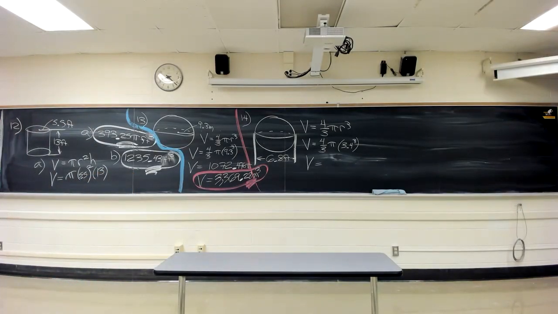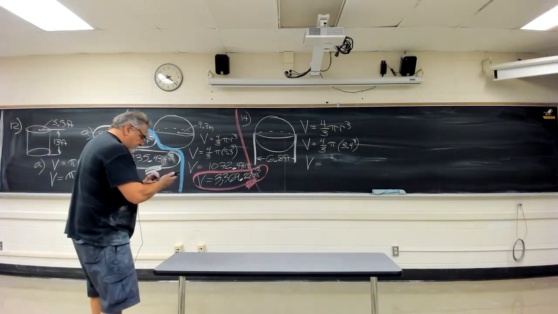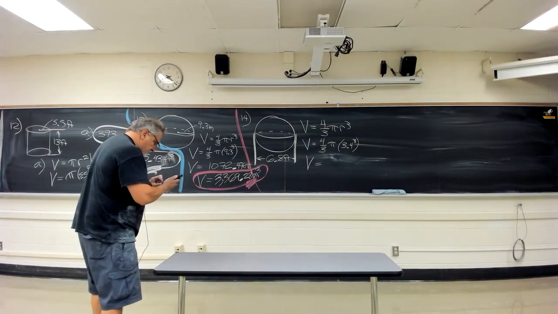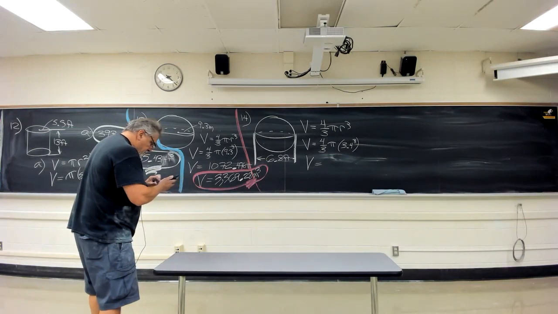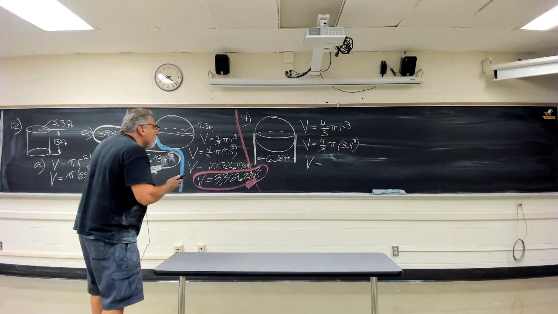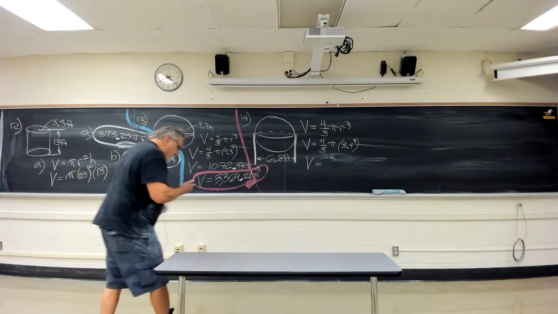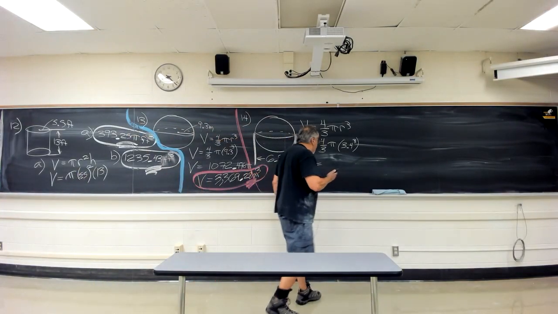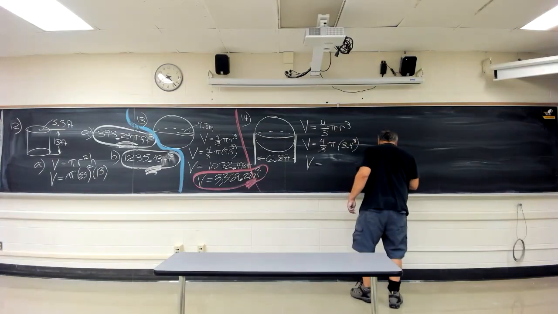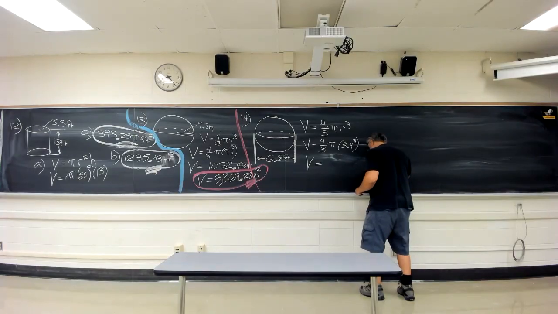Well, let's just do that. 52.4053333 times pi. Well, why don't you just multiply it by pi? Let's just get to the chase here.